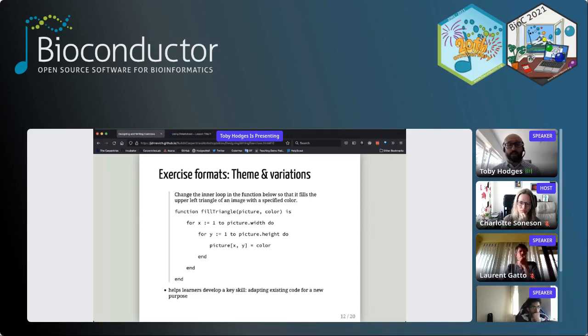And this, in my opinion, is extremely valuable as an exercise format for people who are first learning to code, or first learning to do things with a new library, for example, because it teaches them how to adapt existing code for another purpose.